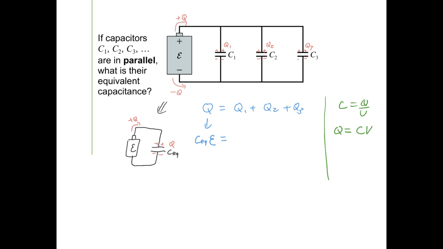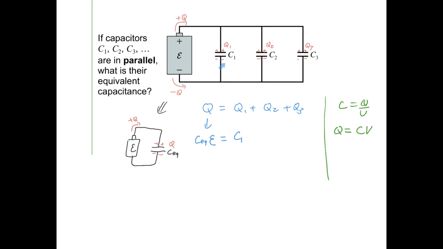That's going to be equal to, for Q1, C1 times the voltage across this. Now here's the trick. Remember this battery? It maintains a voltage of E from here to here. And that means the voltage from here to here is E. So the voltage across this capacitor is E, because that's what a battery does. It's trying to maintain every point here at the high voltage and every point here at the low voltage.